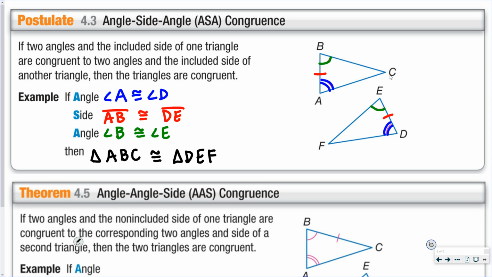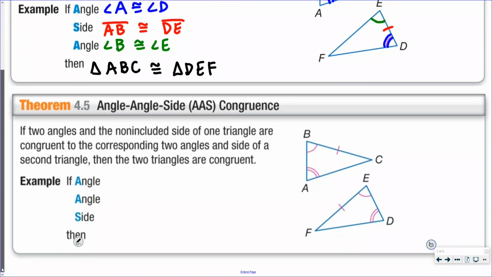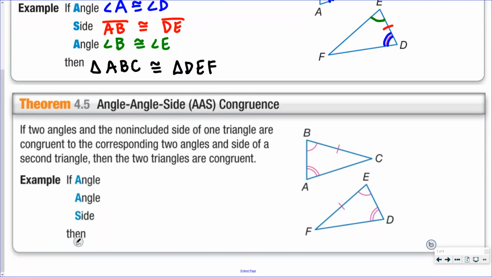And I want to try to pronounce the next one. AAS. Angle angle side. So in this situation, you can see it's not the included side, but it could also be this other side in this order. Angle angle side. That is also enough to prove congruency with triangles.